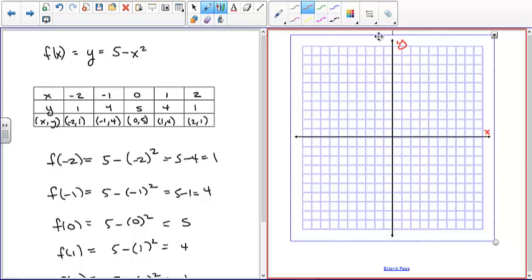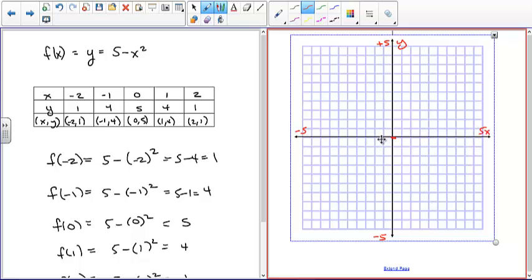So I'm going to go up to plus 5 here and minus 5 there, so you have those equal to each other, and the middle is 0. In this case, we could go from negative 5 to positive 5, and then these little squares would be 1 by 1 or equal length, or you could go from, say, 0 to negative 3 and 0 to positive 3. I'm going to go from negative 5 to positive 5.